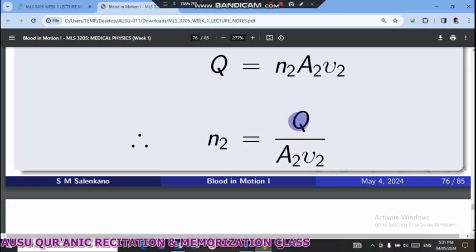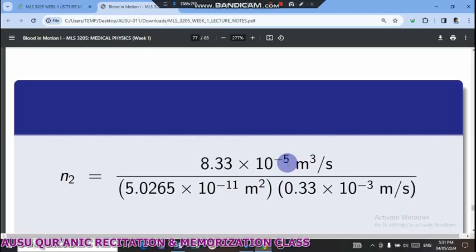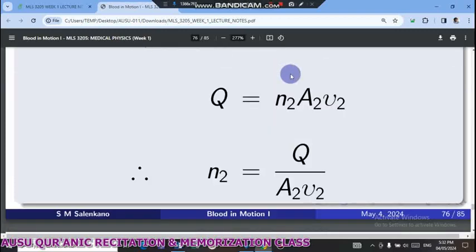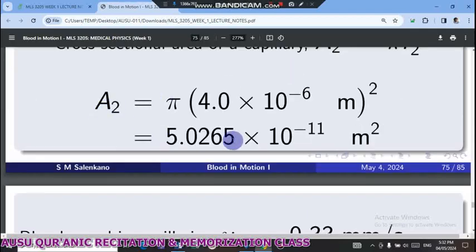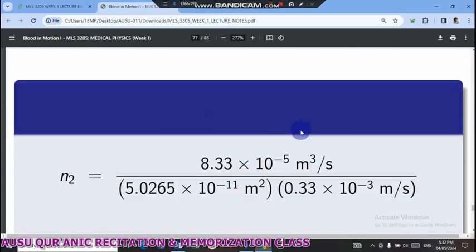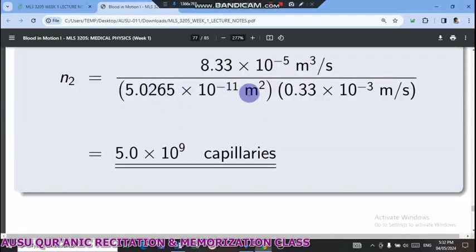The next thing is to substitute the values. For Q, this is the value in meter cube per second. For A2, I got 5.026 times 10 to the power of minus 11. You put that here.